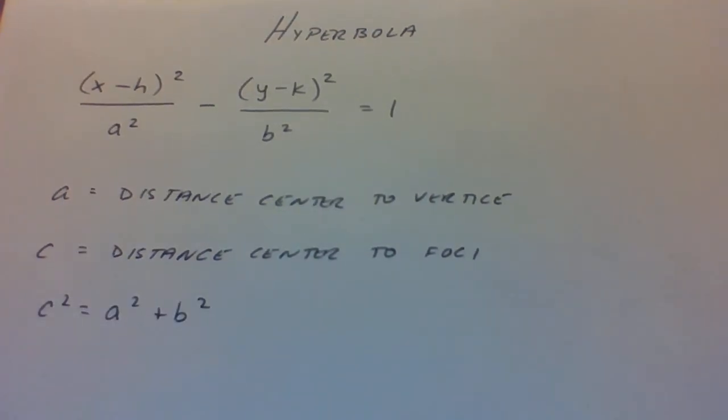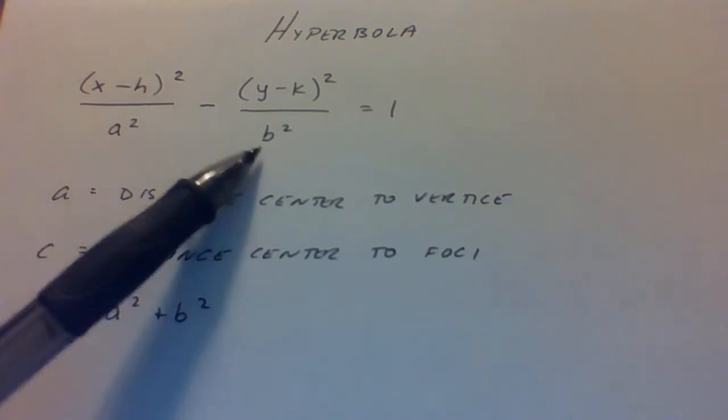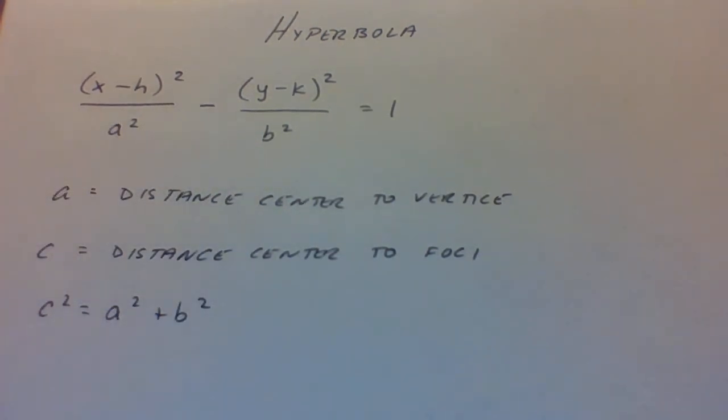So when you're calculating that distance, we're going to be using this formula: c squared equals a squared plus b squared. And that makes sense because we should be adding these two numbers together to get our c value. That's going to be the piece that makes our foci appear on the inside portion of the hyperbola.